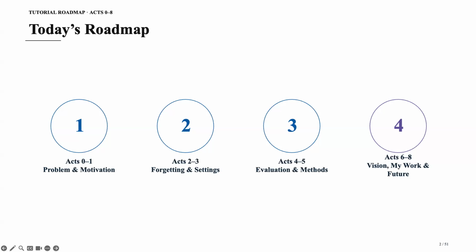Then let's look at the representative few-shot class incremental learning methods. TOPIC comes from the paper named Few-Shot Class Incremental Learning. TOPIC represents the feature space as a graph. First, the old class nodes are kept as stable anchors.